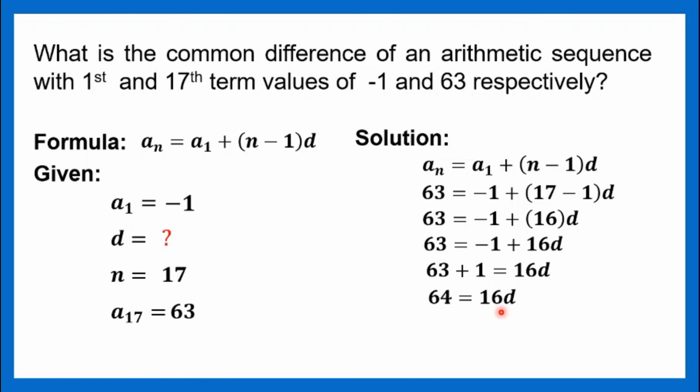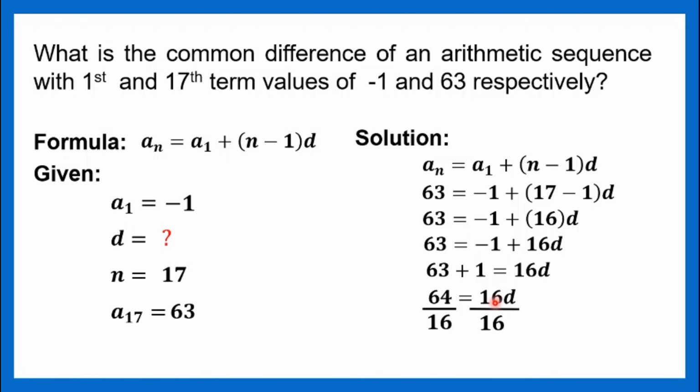And multiplication property of equality, ang gagawin natin dito, divide ka ng 16 sa both sides of the equation. So, 16 dito, 16 doon. Ang technique lang doon sa MPE is that kung ano yung katabi ng variable, siya yung divisor natin sa both sides of the equation. Kung ito ay 17, so 17 over 17, para maging siyang 1.